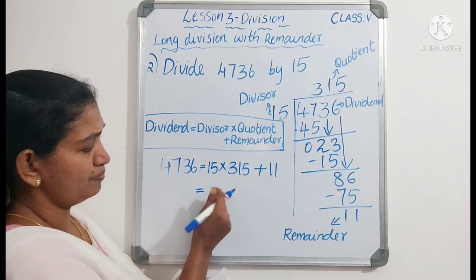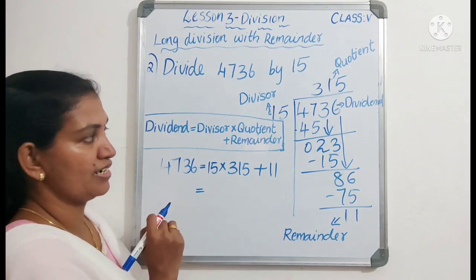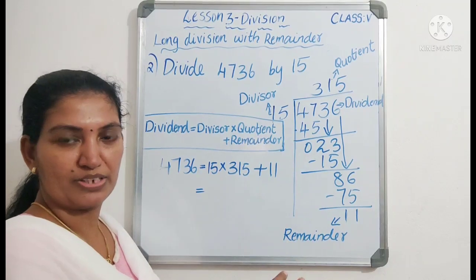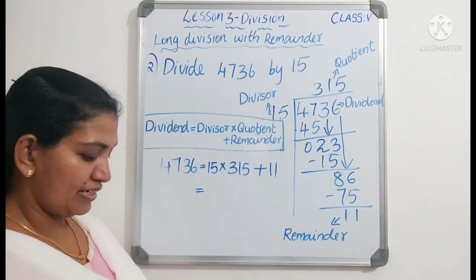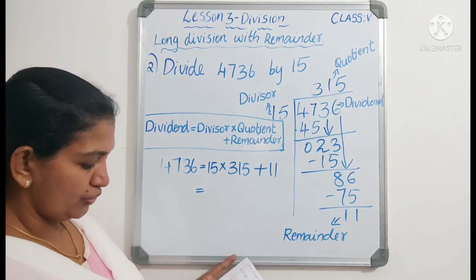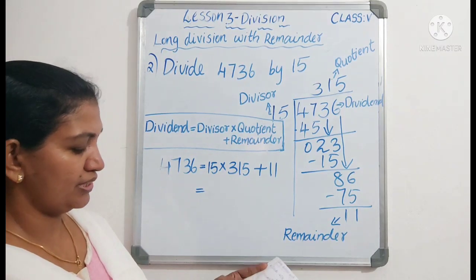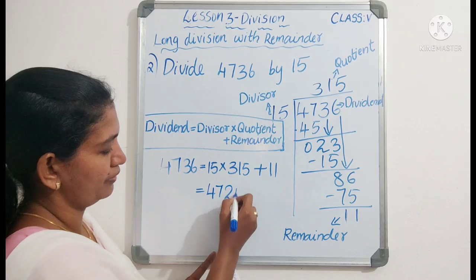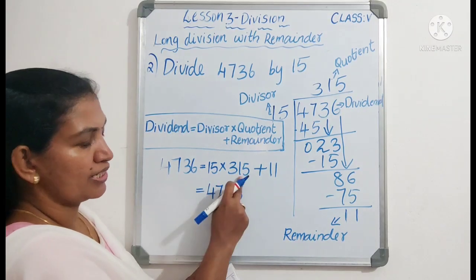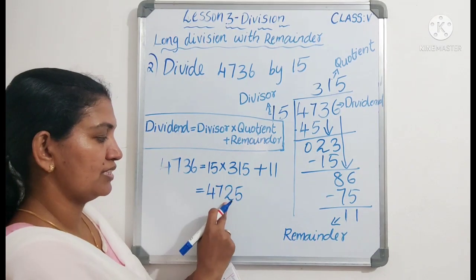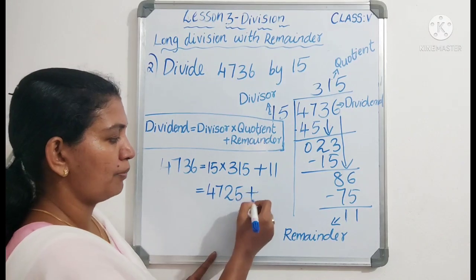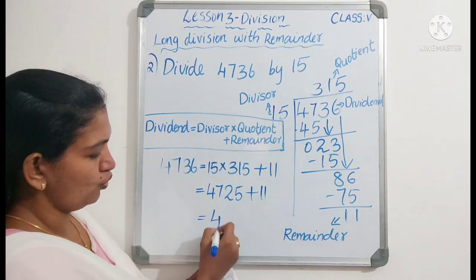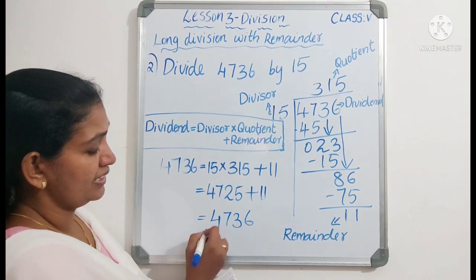Again, 15 into 315. Here there is no space, so I am not multiplying out, I am directly writing the answer. 15 into 315 is 4725. 4725 plus 11, after adding, we get 4736.